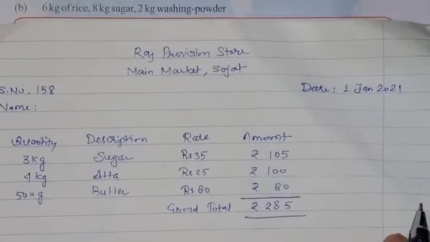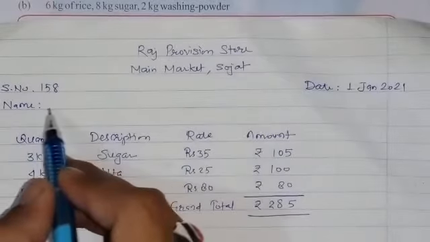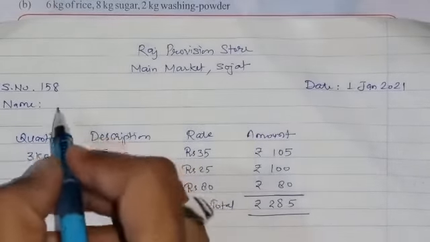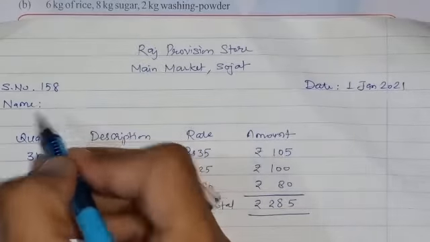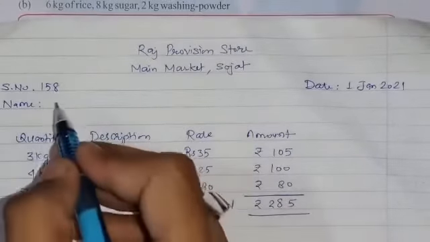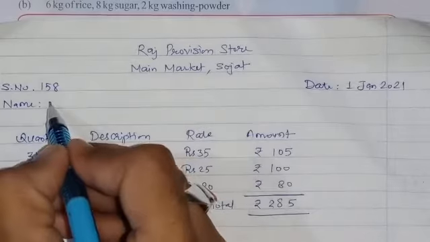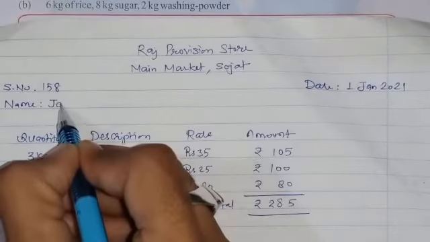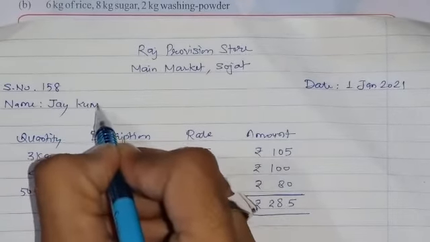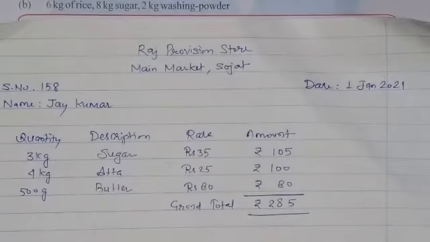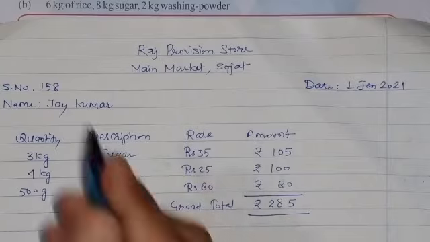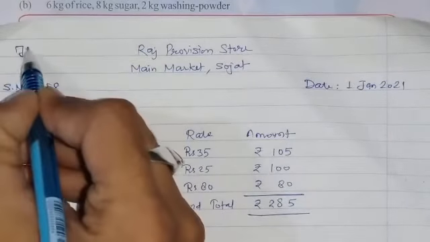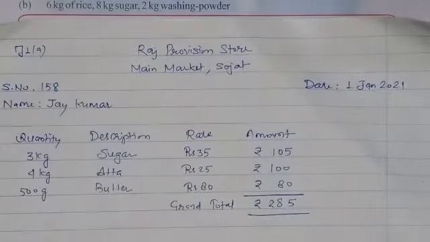Okay students, here you can write the name of the particular person who is going to purchase the items from the store. Whatever your name is, you can write here, like Jay Kumar. So this is the solution for the first A. And the same way you have to solve the first B.